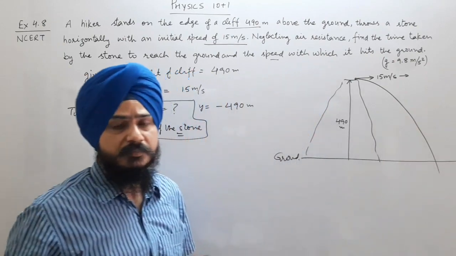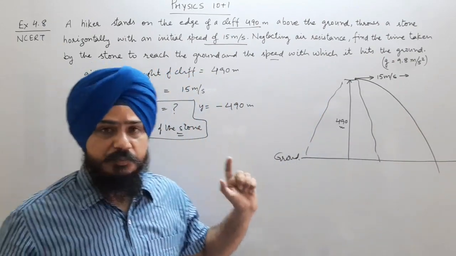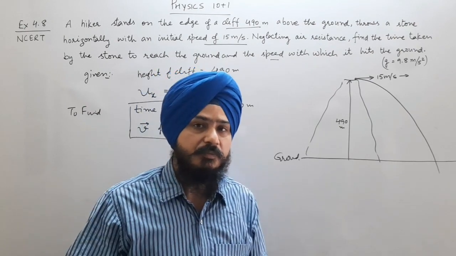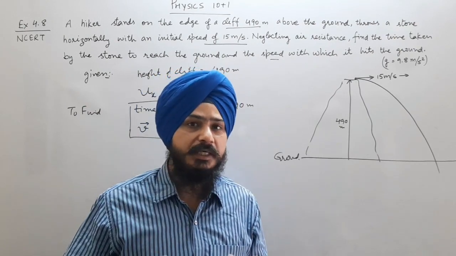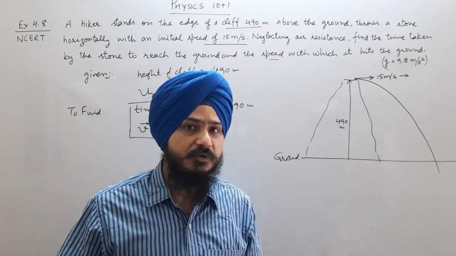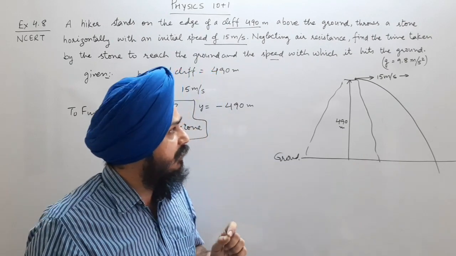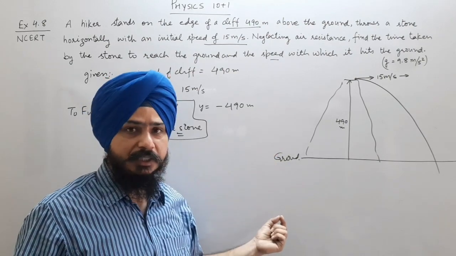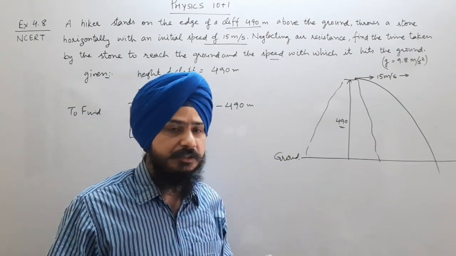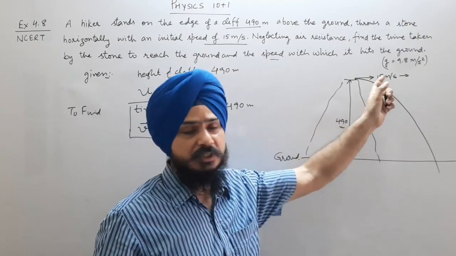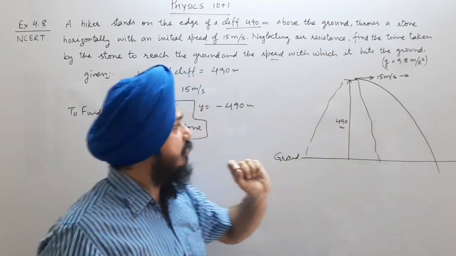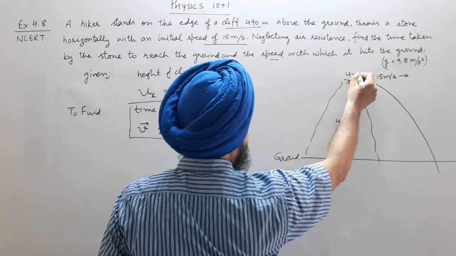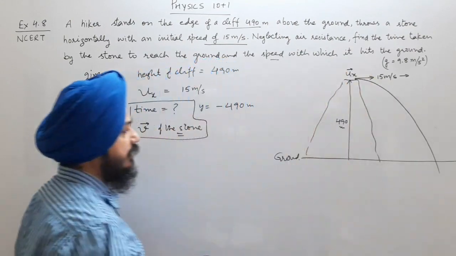Remember, the velocity component along x-axis will remain the same, because the projectile is only under the gravitational force, and gravitational force acts in the y-axis only. So nothing is going to change the x component of this velocity. ux is 15 meters per second.